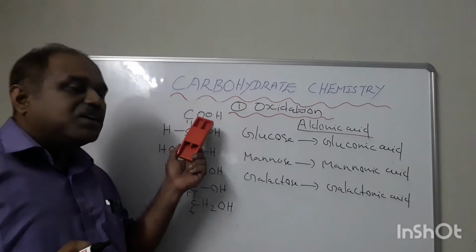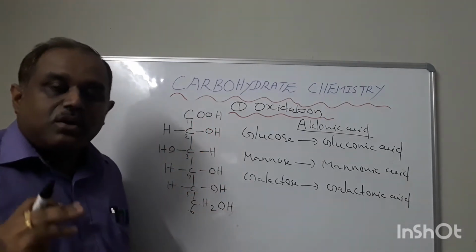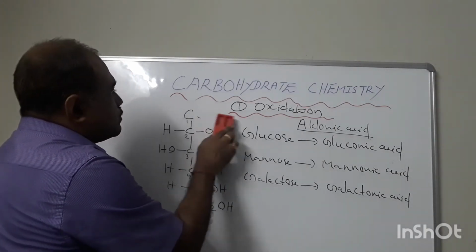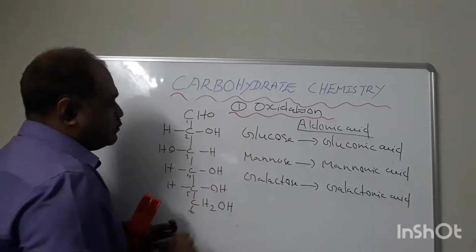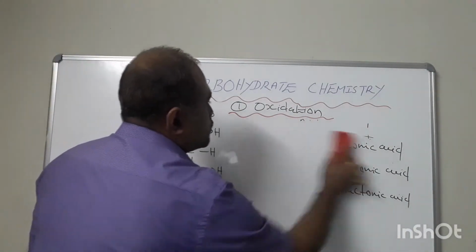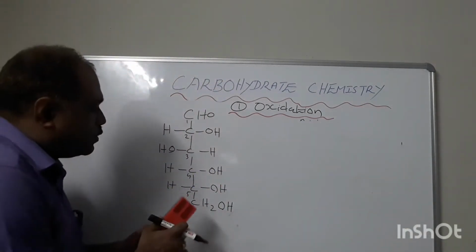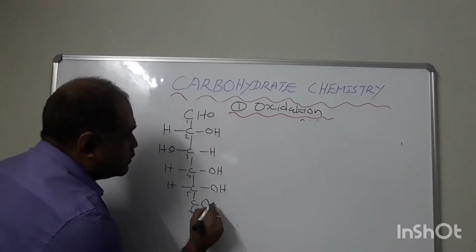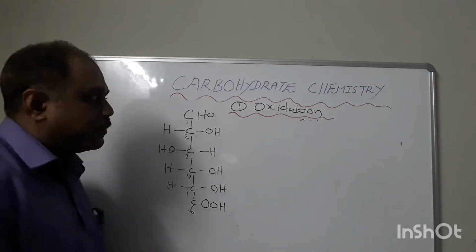Now if the functional group is protected and the end carbon is oxidized, you are going to get the corresponding uronic acid.